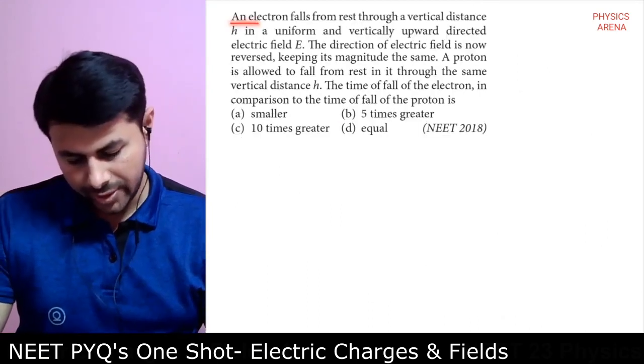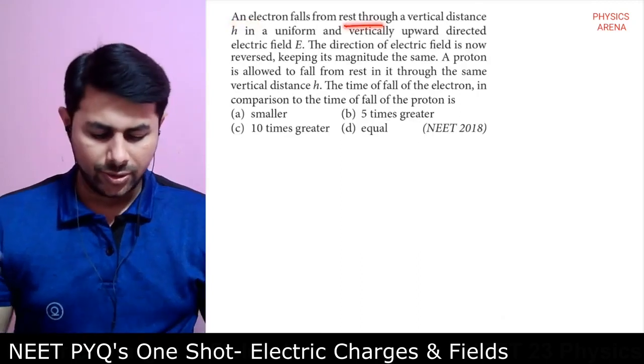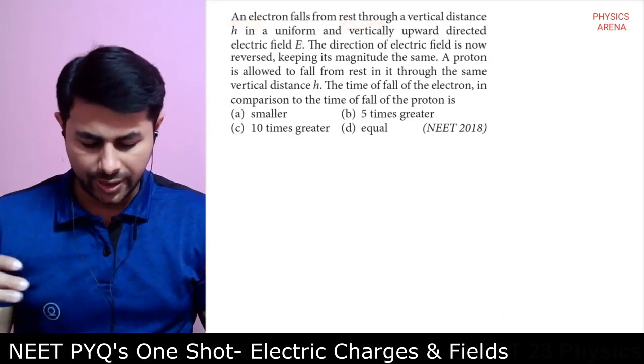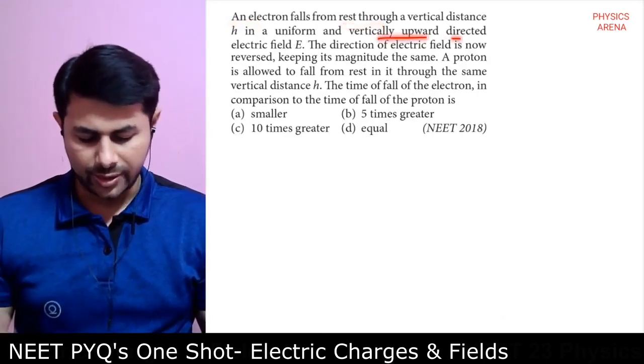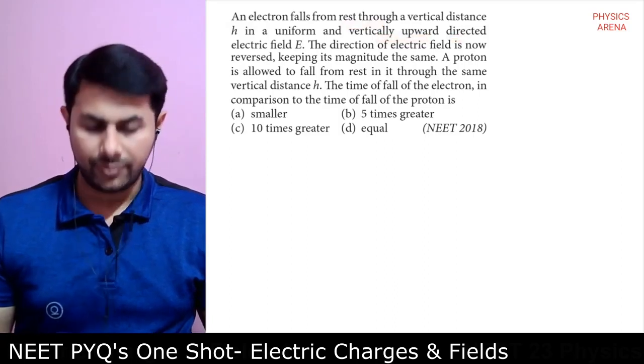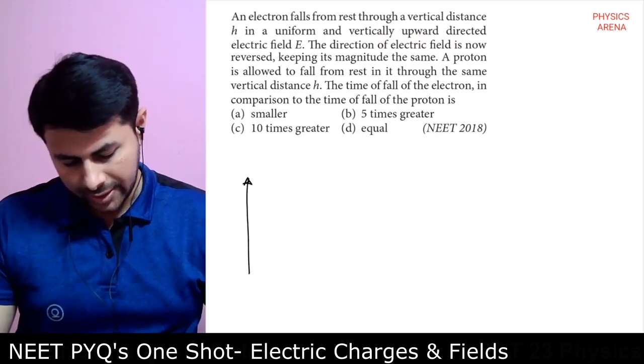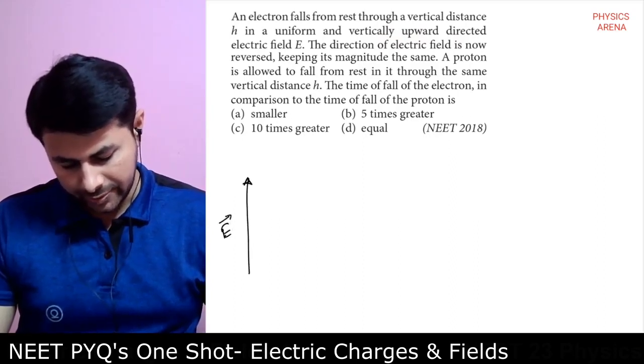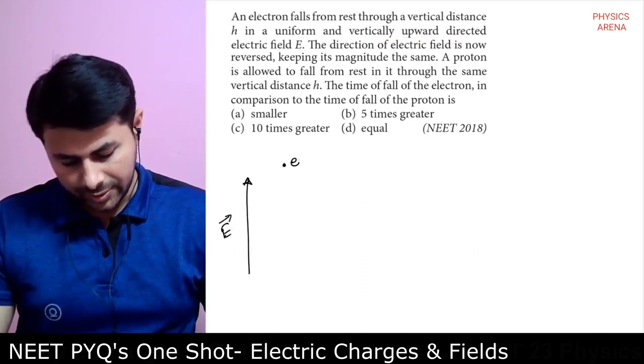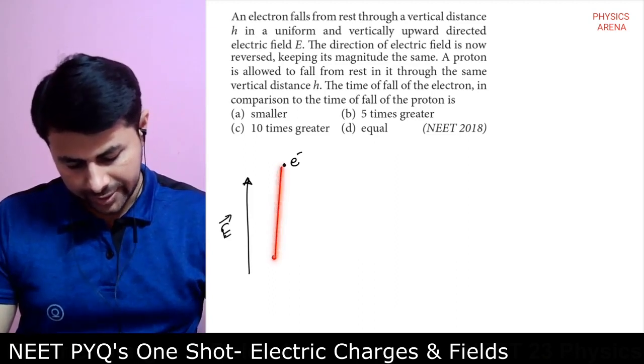An electron falls from rest through a vertical distance h in a uniform and vertically upward directed electric field E. Okay, so the electric field is directed like this, and you release an electron and it falls like this.